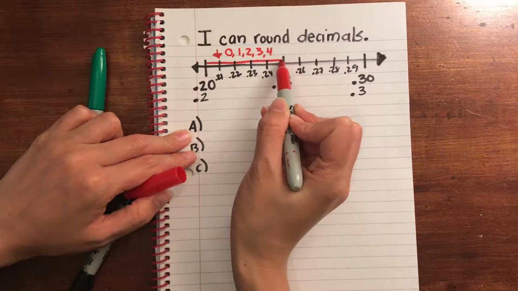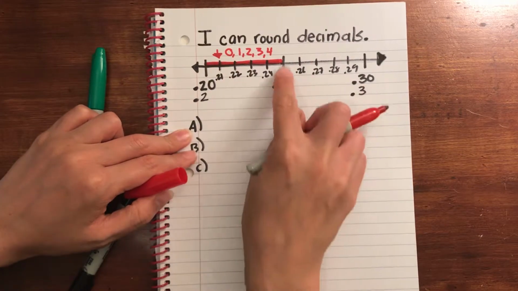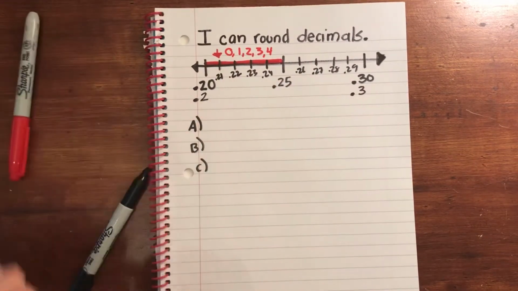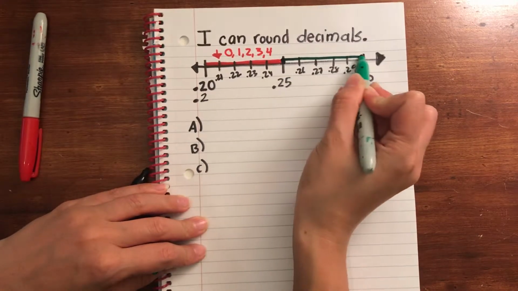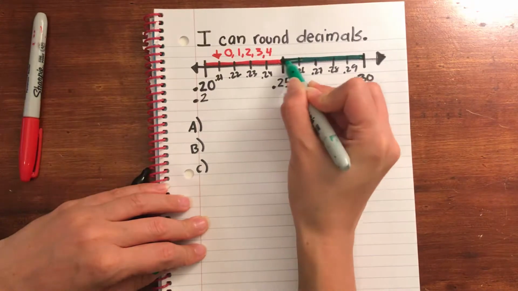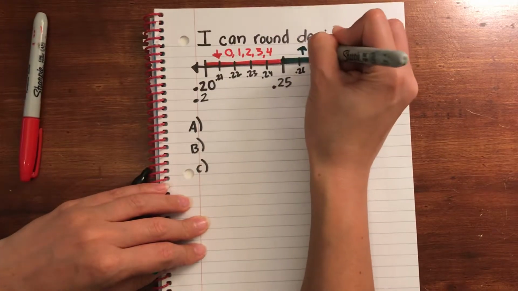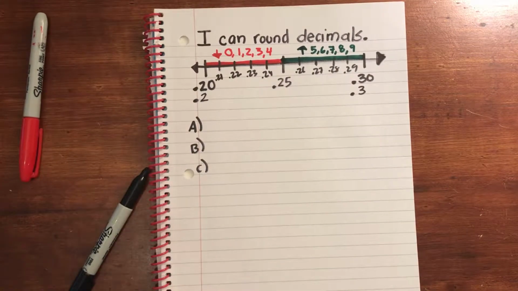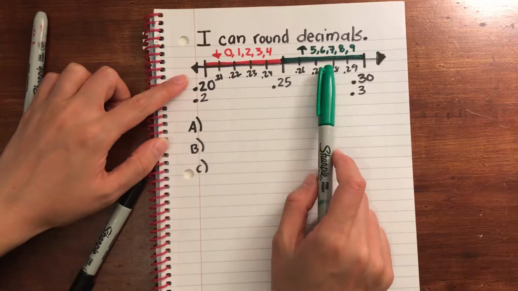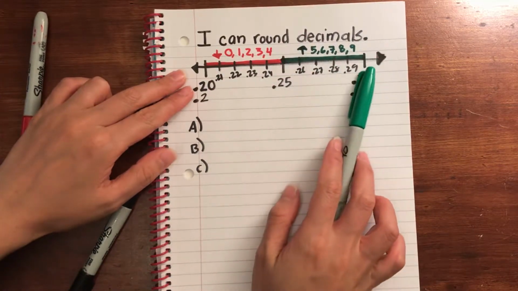I'm going to leave a little bit of space because this does not include the halfway mark being 25. The round up does include that halfway mark. It goes all the way to 9. So this includes rounding up 5, 6, 7, 8, and 9. All right, this is a great visual to see why you round down and why you round up.